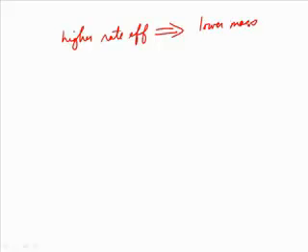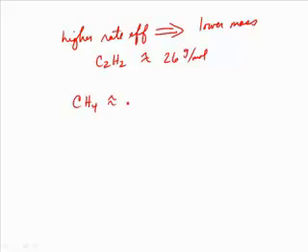C2H2 is around 26 grams per mole, and the only one that's less than that is methane, which is approximately 16 grams per mole. So choice D would be correct.